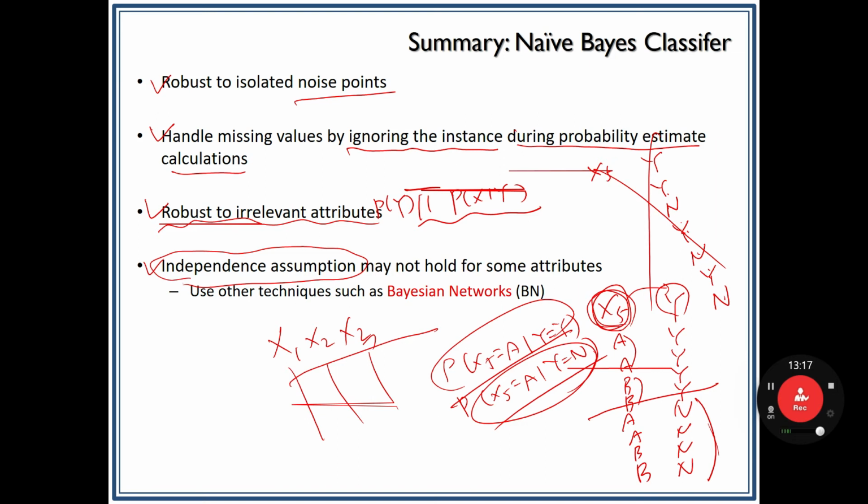In such a case, we can employ another Bayesian classification method, such as Bayesian networks.